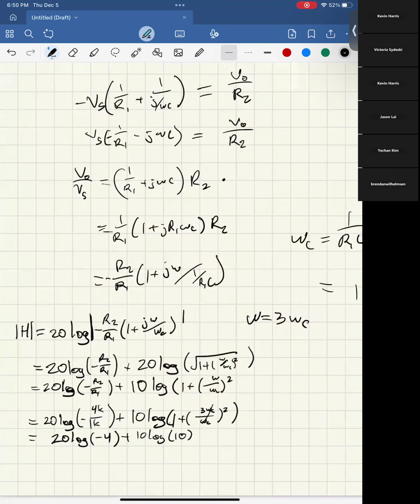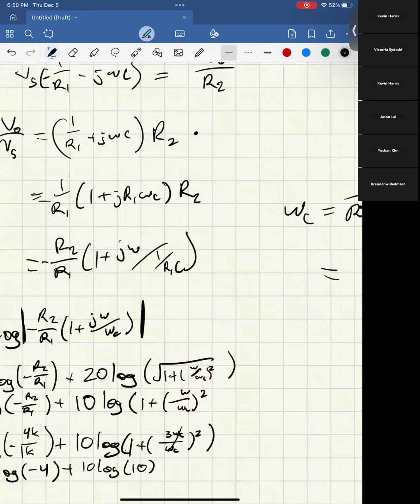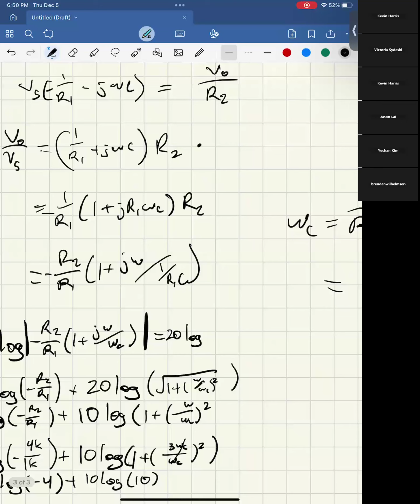So we have this, and then we want to do 20 times the log of its magnitude. And the magnitude of this is going to be the magnitude of the first part times the magnitude of the second part. The magnitude of a constant is just a constant. So this is 20 times the log of R2 over R1.